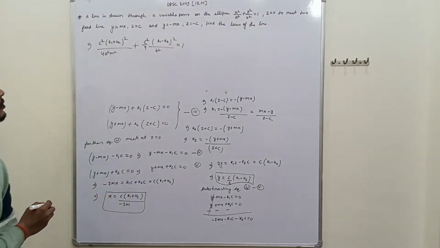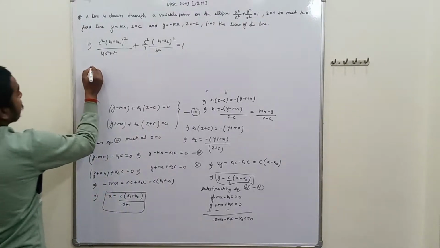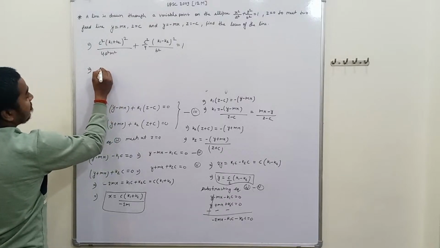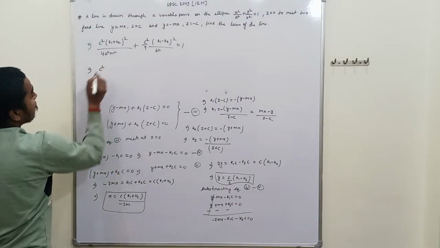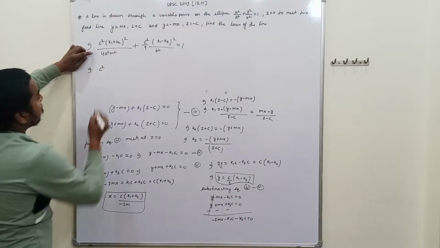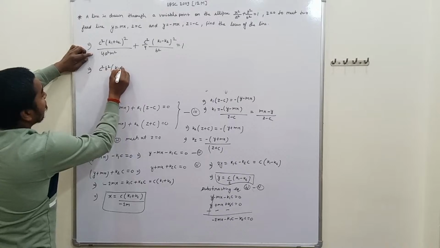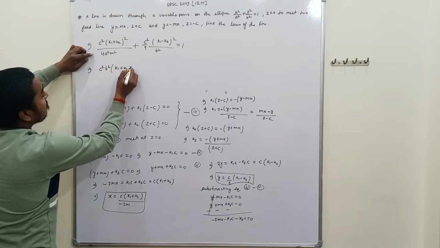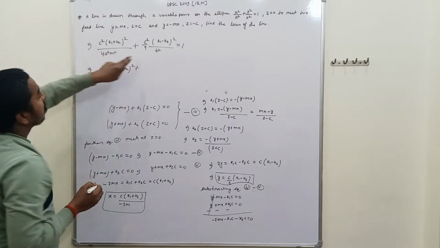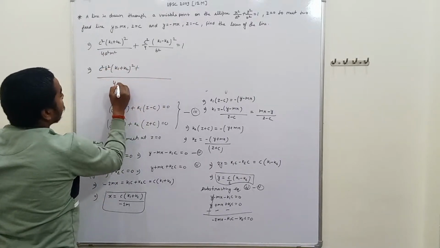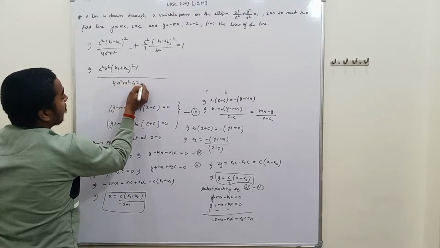Further we have to solve, taking LCM, that is c square b square, k1 plus k2 whole square, plus, we take the LCM here, that is 4 a square m square and b square.